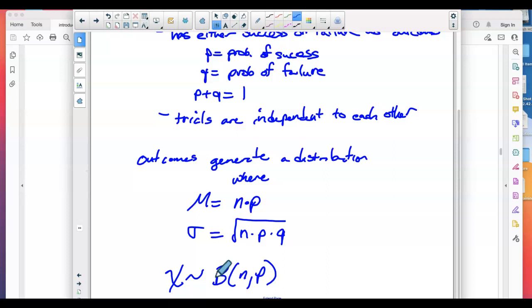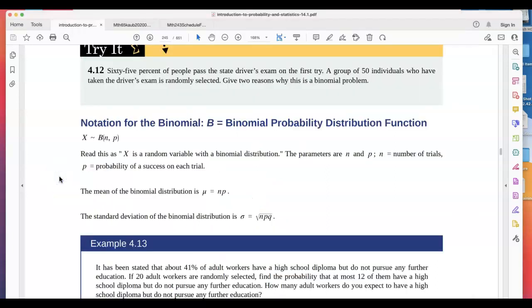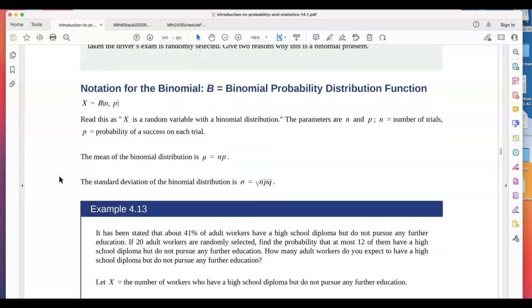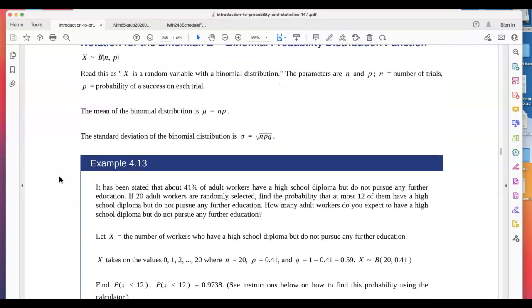Okay, so we're going to look at some binomial distributions. All right, let's take a look at this here, your textbook. A success rate and a failure rate always have to be less than 1 because they're going to add up to 1. So when we say 41% of adult workers, that's going to probably be the success rate. 20 is the n value.